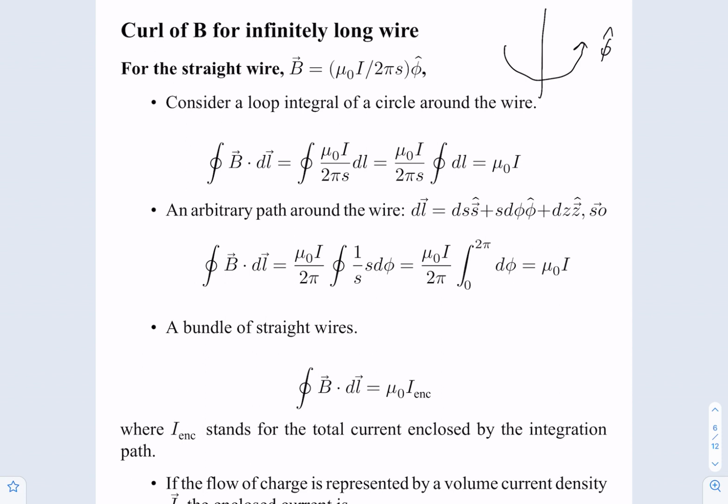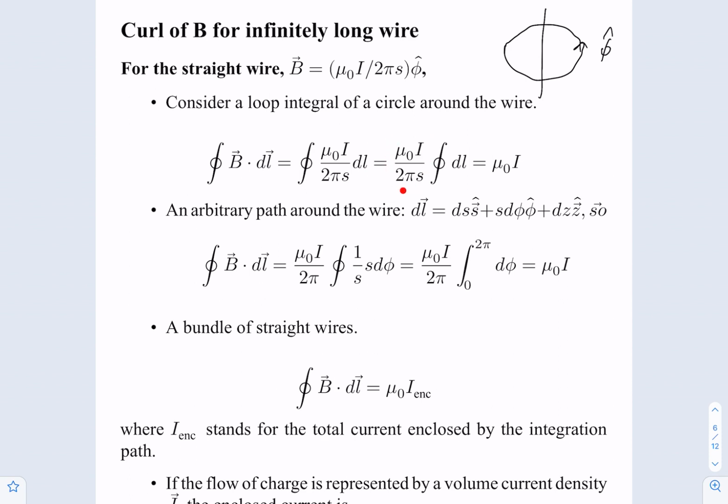What we do here is calculate a line integral along a loop that circles around this wire. So we want to finish this loop here. For a circle around this wire, this integral is easy to do because it's symmetric, and so this B dot dl is simply the constant magnetic field amplitude times the dl integral.